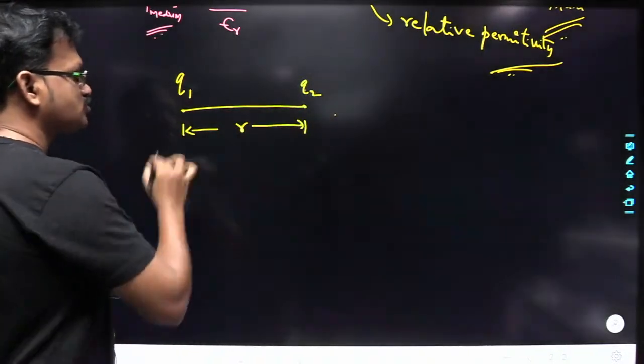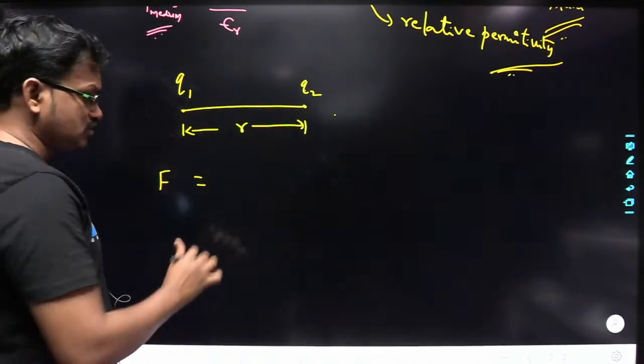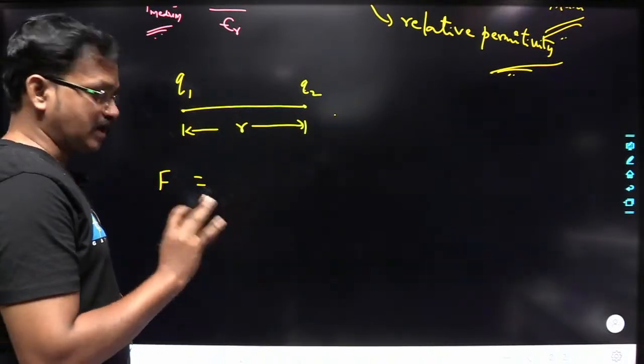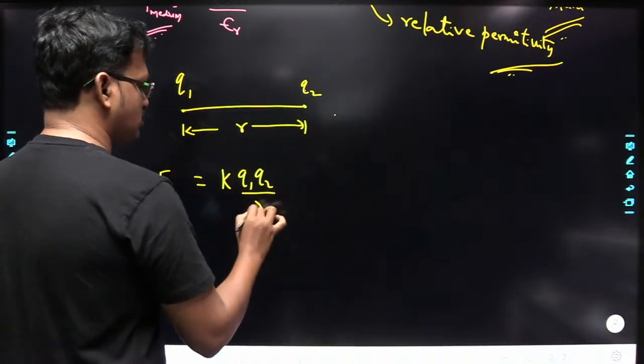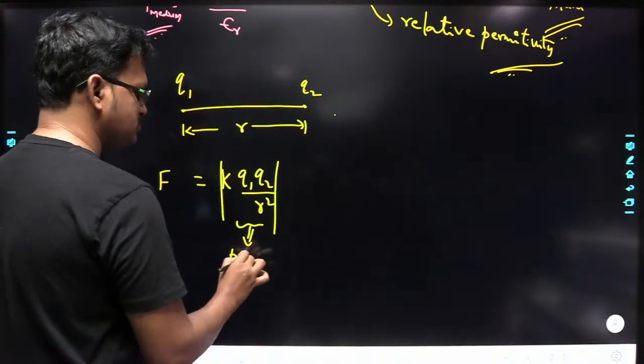For the force between these two point charges, first write down only the magnitude. Magnitude must always be positive. So write k into q1 q2 by r square, and always consider it as positive.